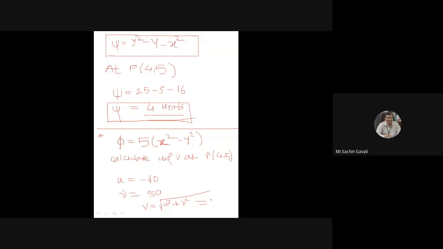Okay, good. Nikita, 64.03 units. Everybody getting same answer? Okay. V is equal to square root of u square plus v square, and finally it is coming as 64.03 units.